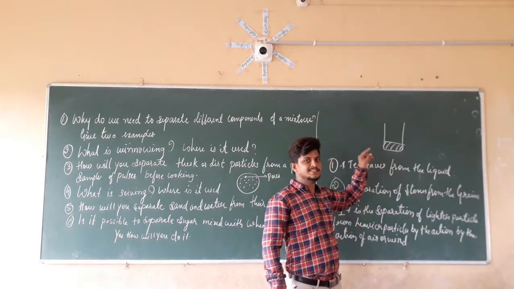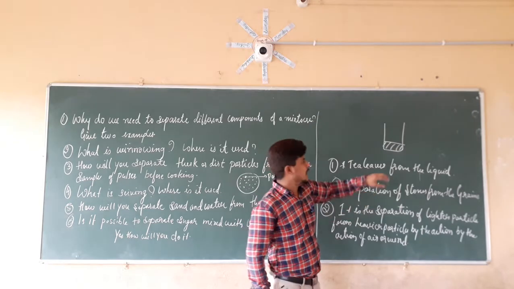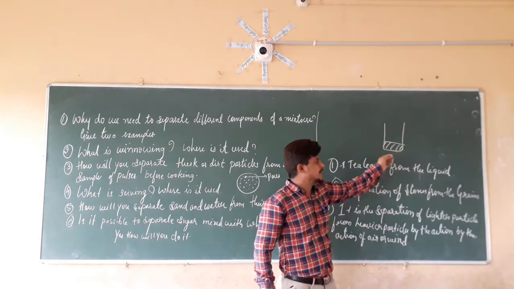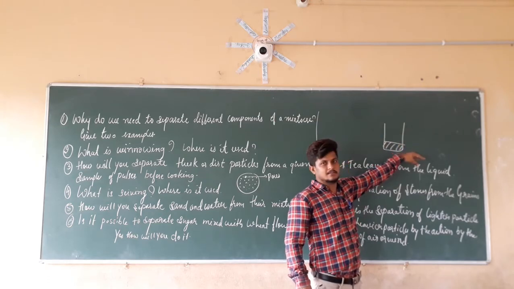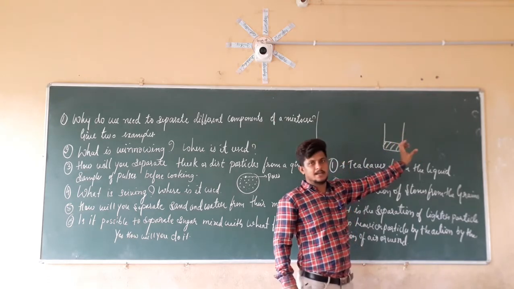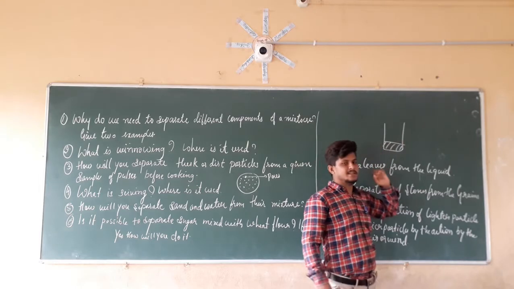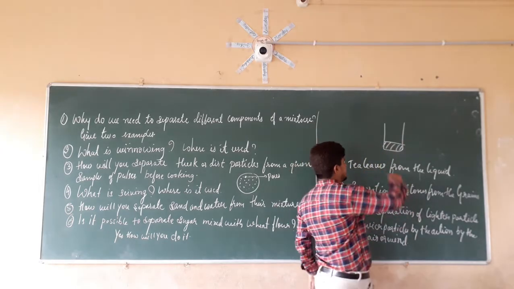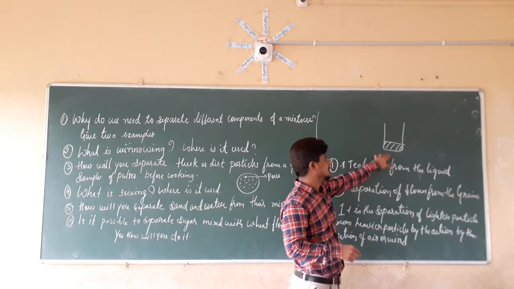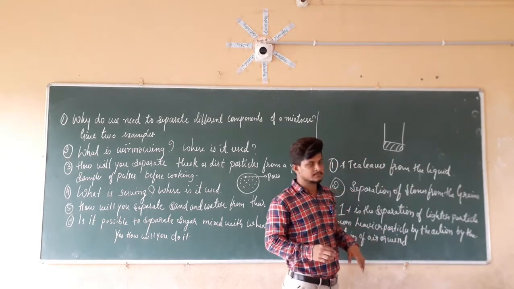That is the sedimentation process. After the sand settles down, we can separate the water by tilting the container. When we tilt that container, the liquid present in the upper part is going to separate. So water is separated by decantation, and the sand is also separated.